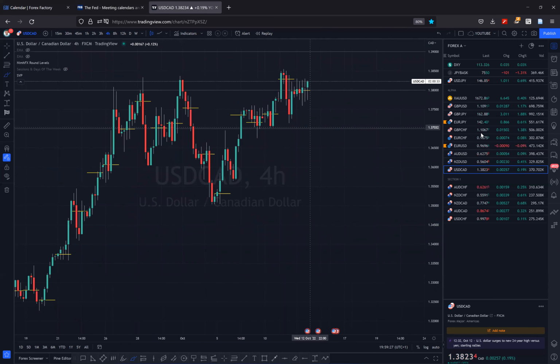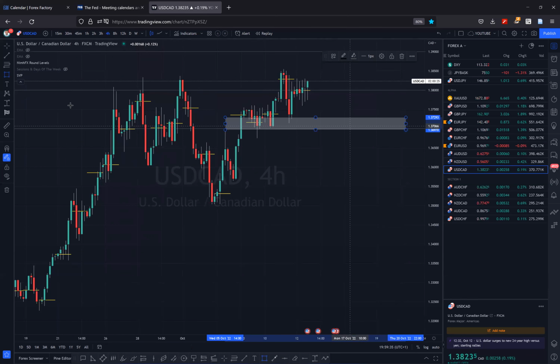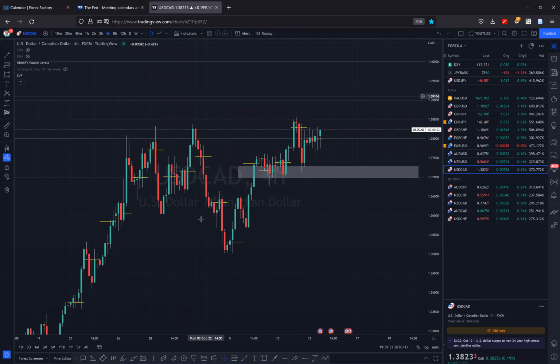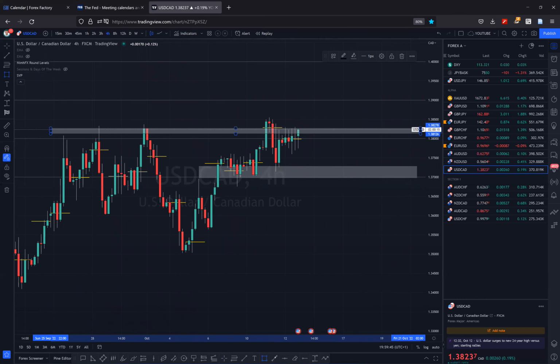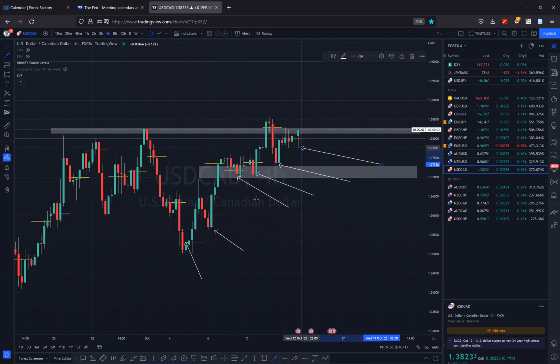So if you look at USDCAD, we have price sitting on 1.37 here. And we have this sort of big resistance here. All right, if you look at the price action, you see that we are still showing bullishness here, even though we are at a major resistance level. We only need to break this. So how will I treat this? I'll wait for the break of this POC here.